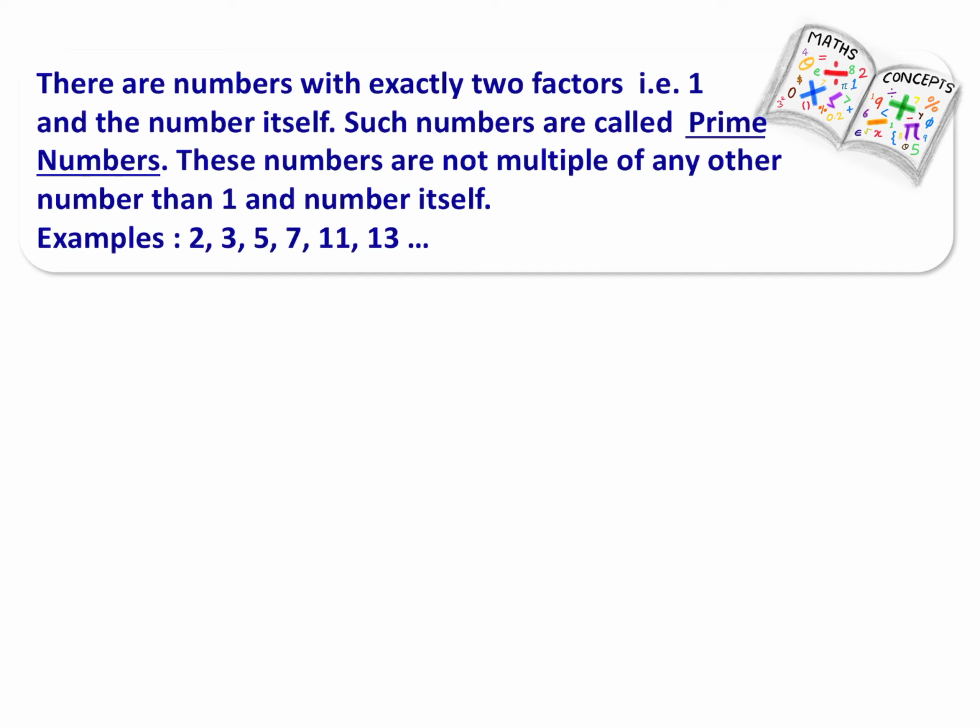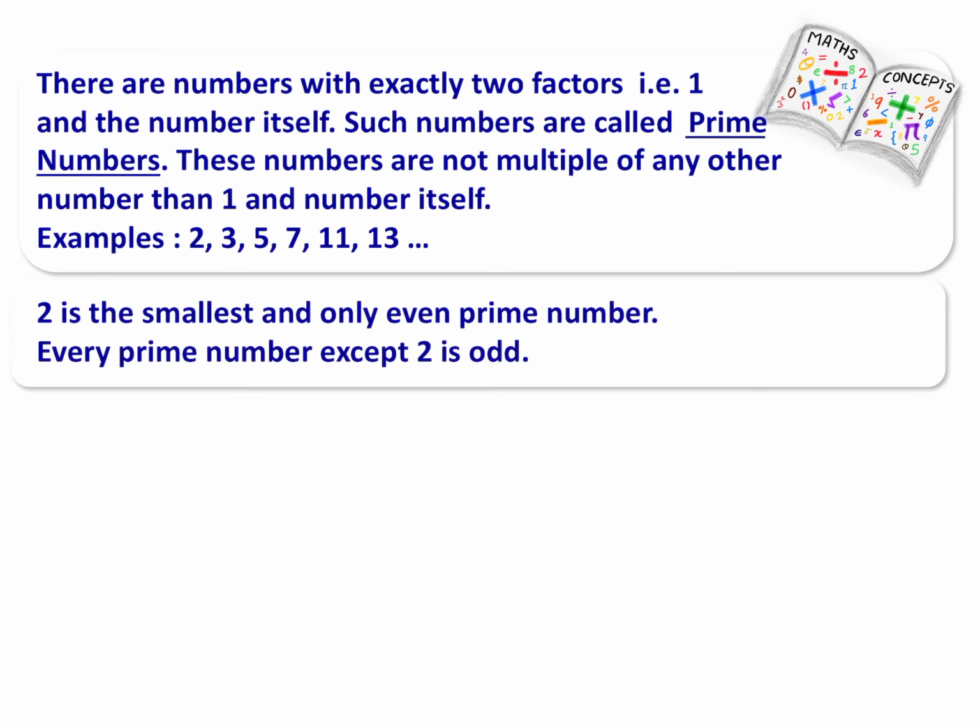Examples we just now saw: 2, 3, 5, 7, 11, 13, 17, 19, 23, 29. We can find out more prime numbers like this. Now remember, 2 is the smallest and only even prime number. Every other prime number except 2 is odd. Now why are other even numbers not prime numbers?